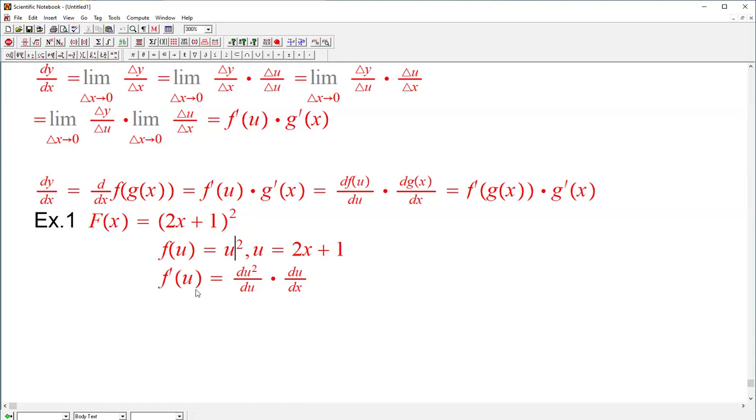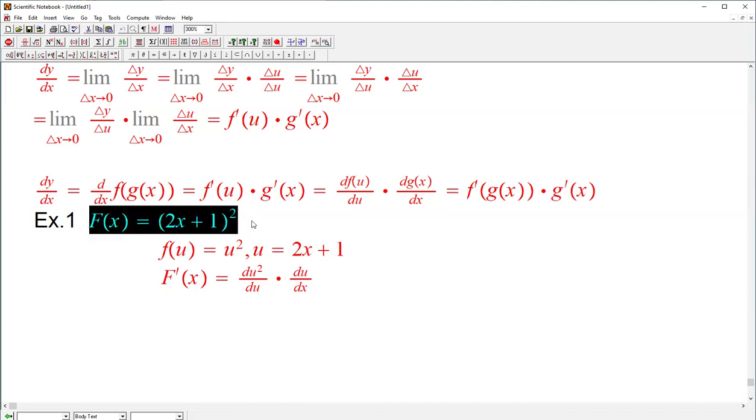So to find the derivative, I should write this as capital F, the derivative of F of x. This will be the right way to write it, okay? So be careful. This whole thing is differentiated. I'm going to show you the difference with respect to what.